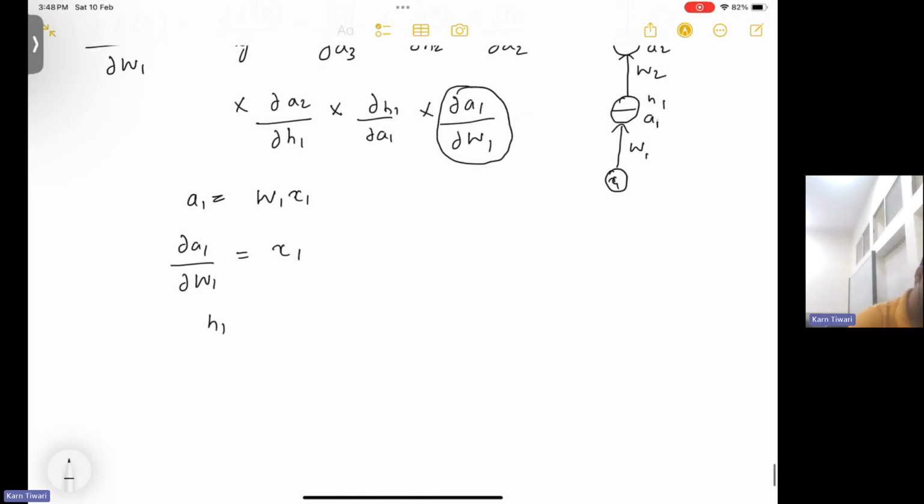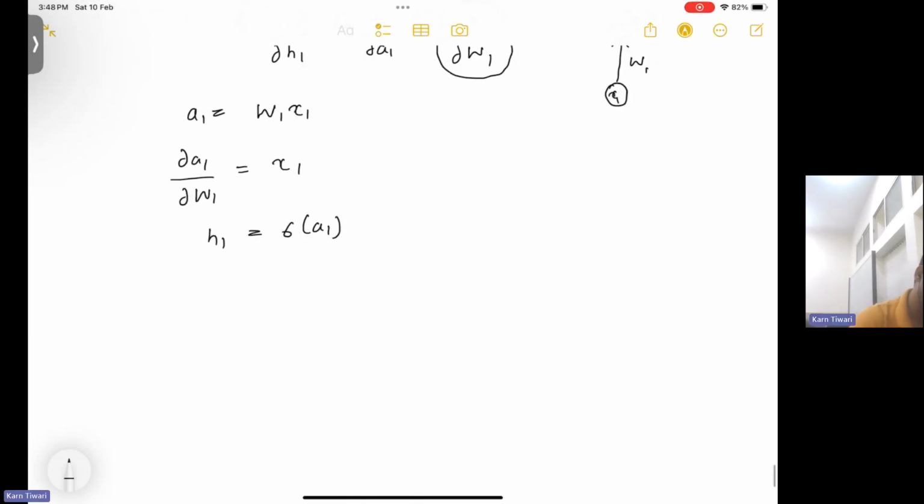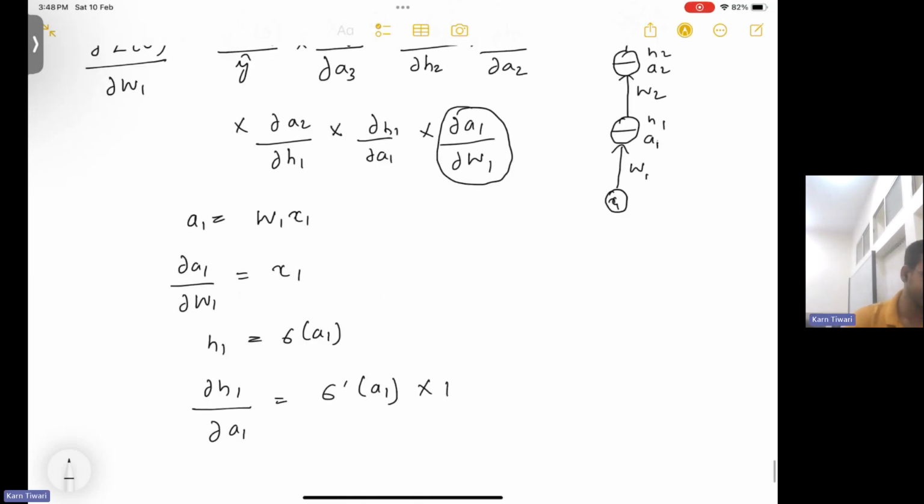H1 is just sigma of A1, so ∂H1 divided by ∂A1 is equal to sigma prime of A1. Okay, so it's very easy actually.